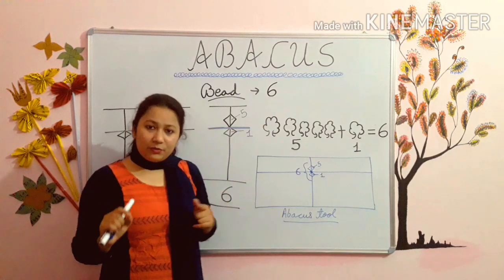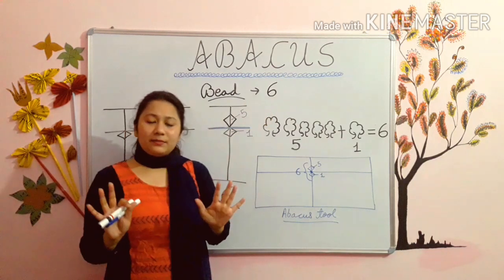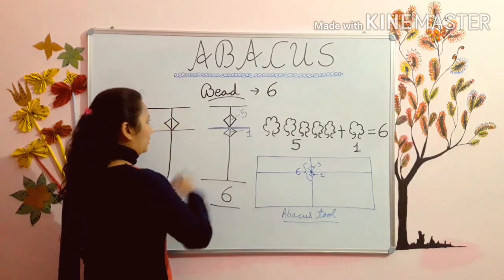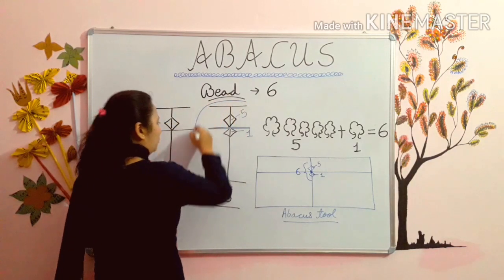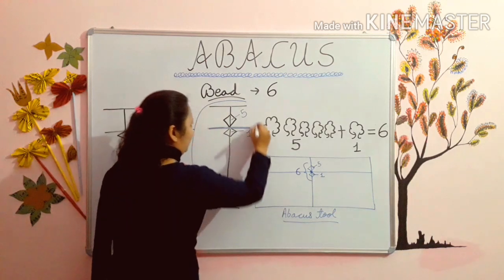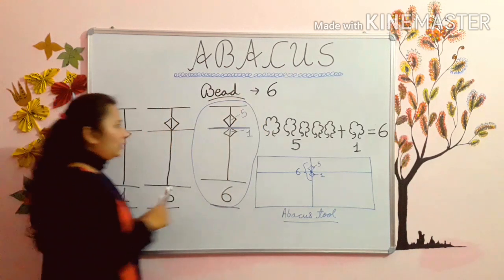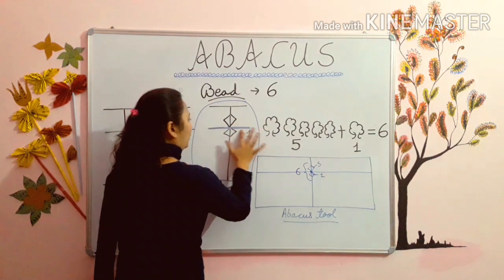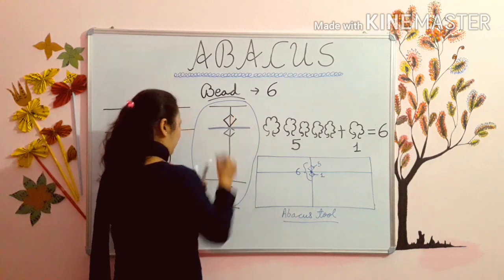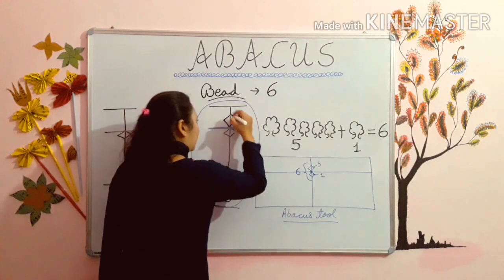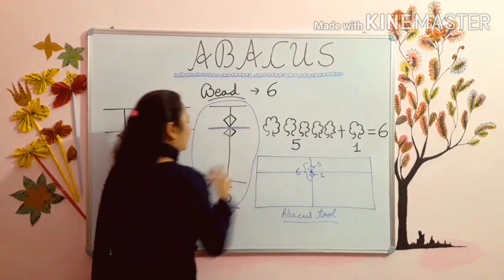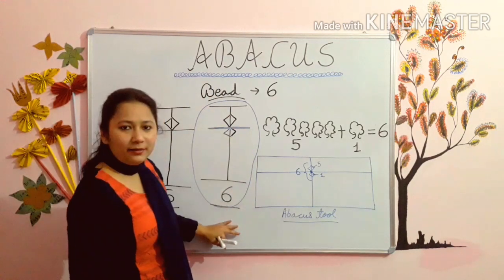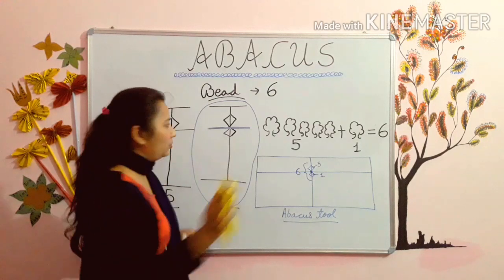So kids, try to make bead 6 10 times in your abacus notebook. You just have to make this, and don't write this. You have to make 6 in your abacus notebook.